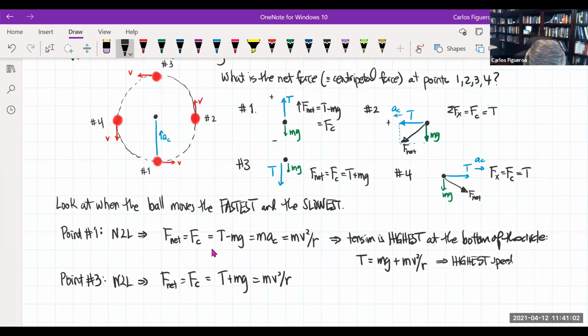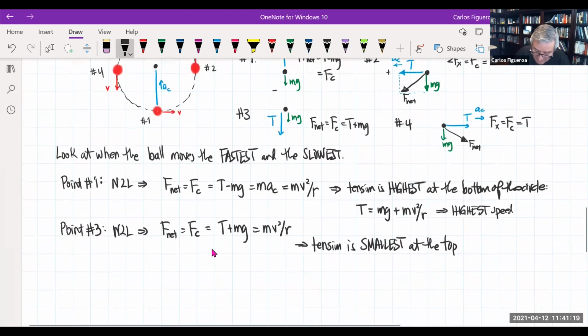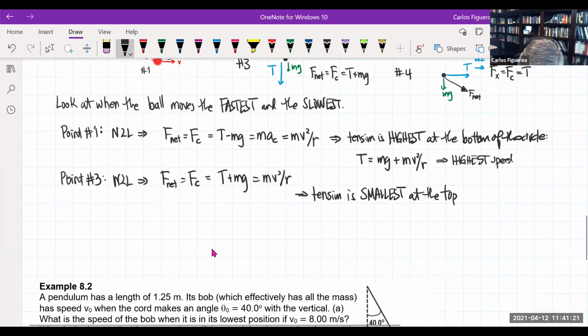If I look at this scenario here, we see that the tension is smallest at the top. And when I write the tension equation, what am I actually calculating? I'm seeing that T will then be, look at this, mv squared over r minus mg.